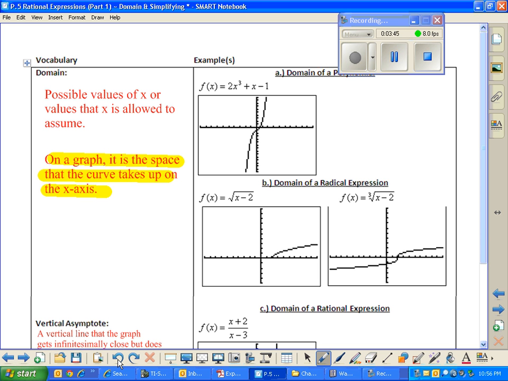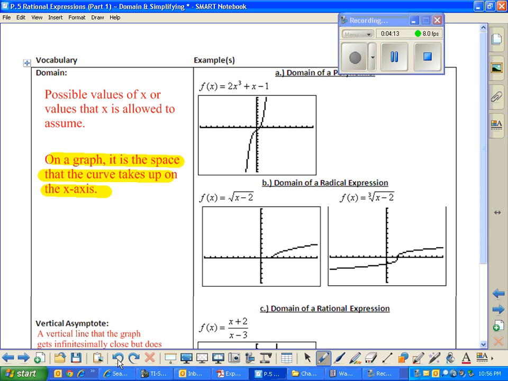Sketch the picture that you see by maybe grabbing some points off of your table of values, and then identify the domain. So when you come in tomorrow, your homework is going to look like these examples right here. Everybody clear on that? The mission in that assignment is to calculate the domain. Today, like I said, I'm going to show you how to calculate the domain of a function just by looking at its graph.